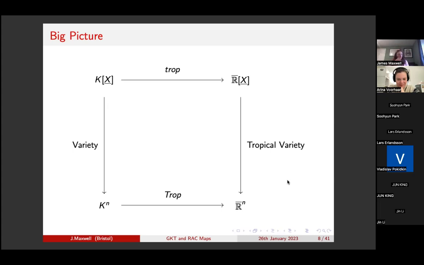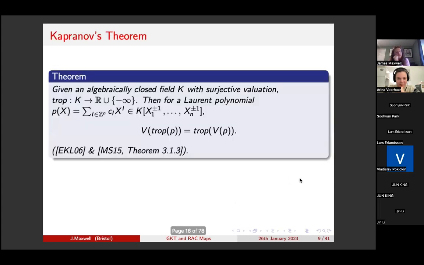One of the questions talked about in tropical geometry, and which has been proven, is Kapranov's theorem, which looks at when and how these interact, and the relationship is very nice. The theorem is stated here, but I'll flesh it out and talk around it. Given an algebraically closed field K with surjective valuation and this trop map from the valued field to the tropical semi-ring, then for some Laurent polynomial, you can go around either side of the square in the diagram from the last slide and you end up with the same set.